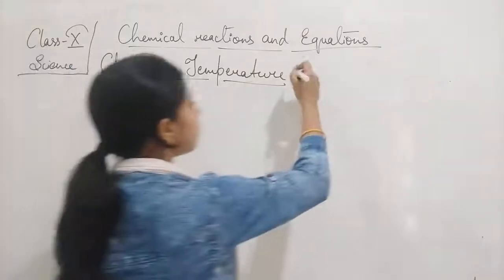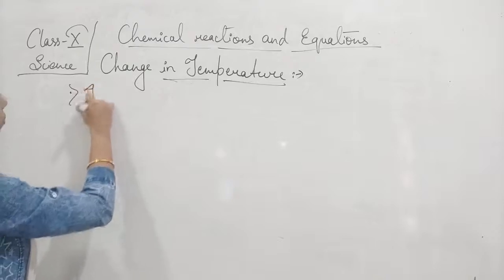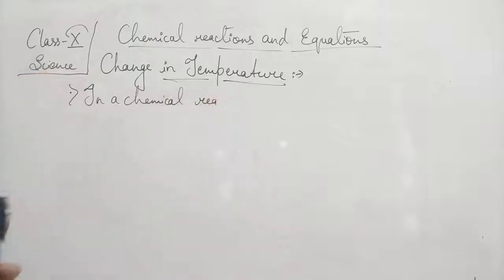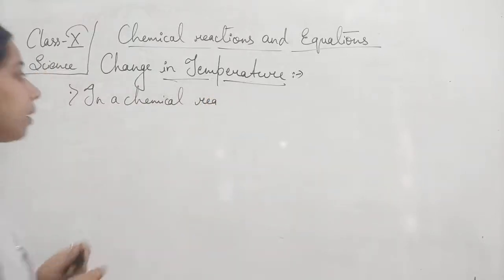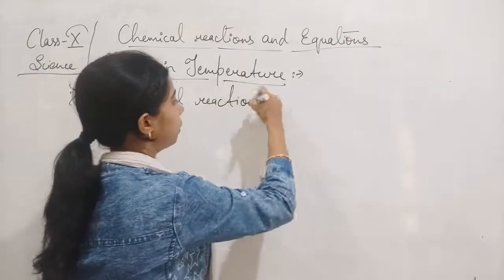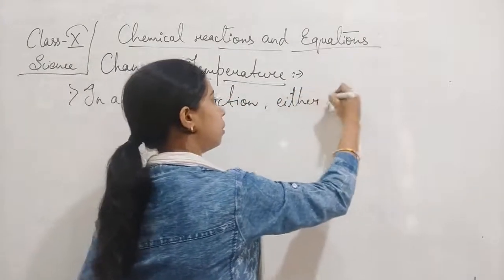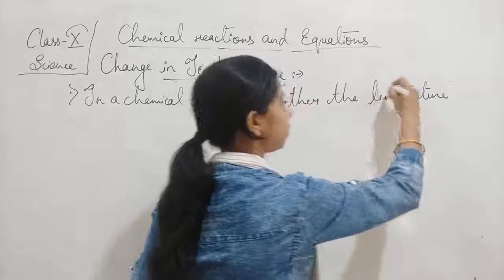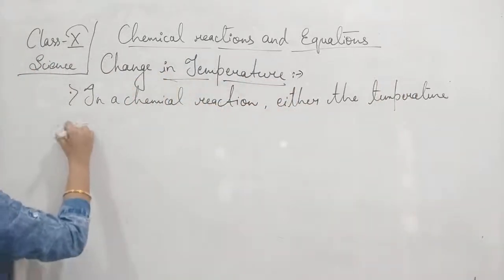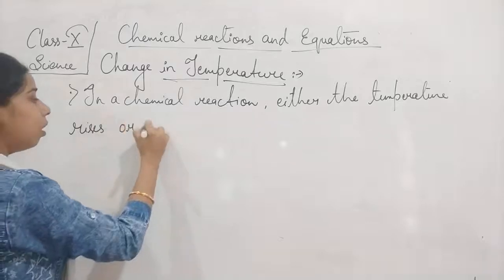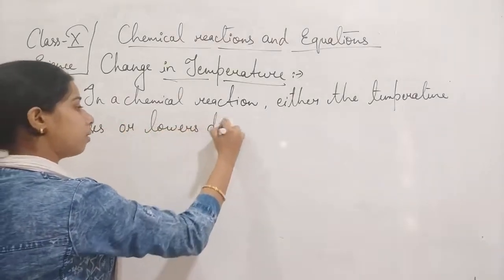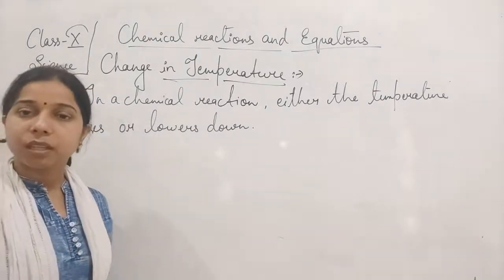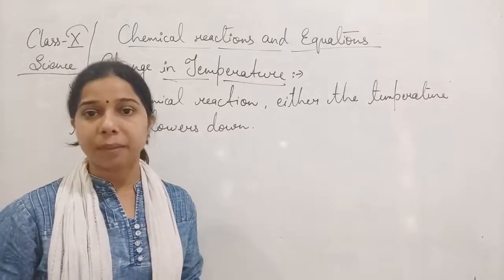So we can write it here: in a chemical reaction, either the temperature rises or lowers down. That is the change in the temperature, and it comes in the characteristics of a chemical reaction.